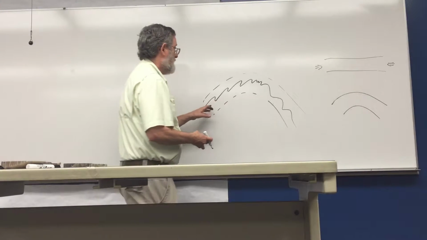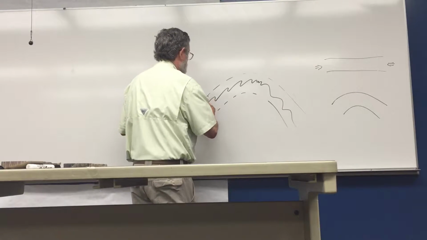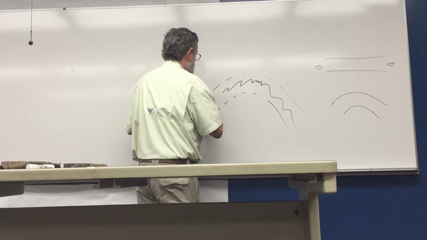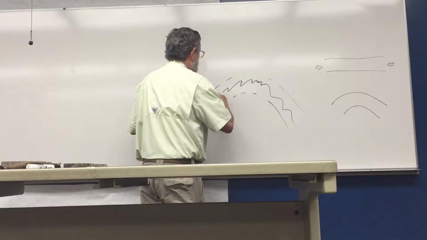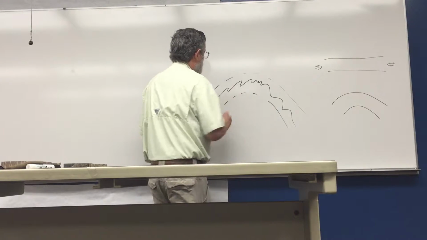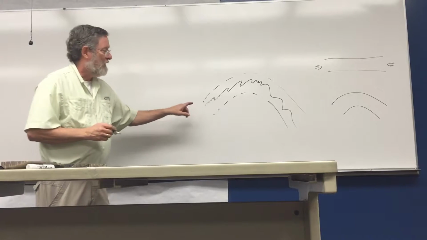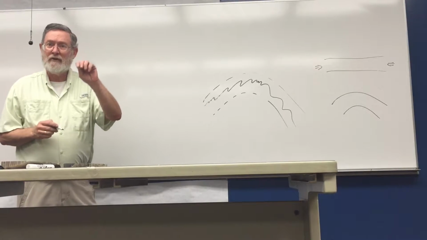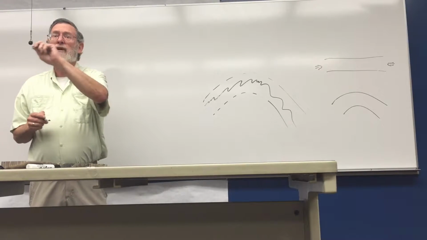And in fact, a lot of times, and this is probably way too much information, you see that sort of geometry. You have parasitic folds on top of parasitic folds on top of parasitic folds.